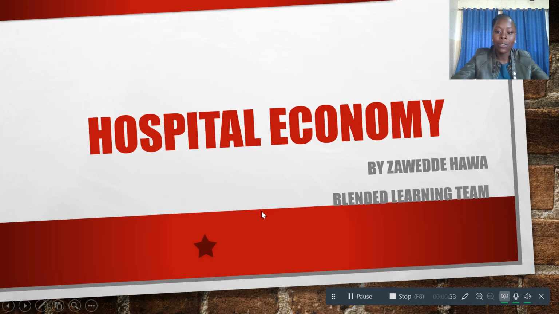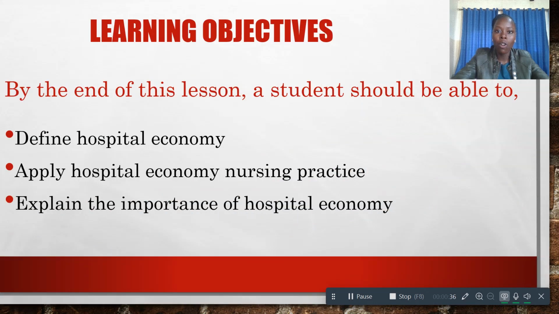So we are going to start off with our learning objectives for this lesson. By the end of this lesson, a student should be able to: 1. Define hospital economy. 2. Apply hospital economy in nursing practice. 3. Explain the importance of hospital economy.